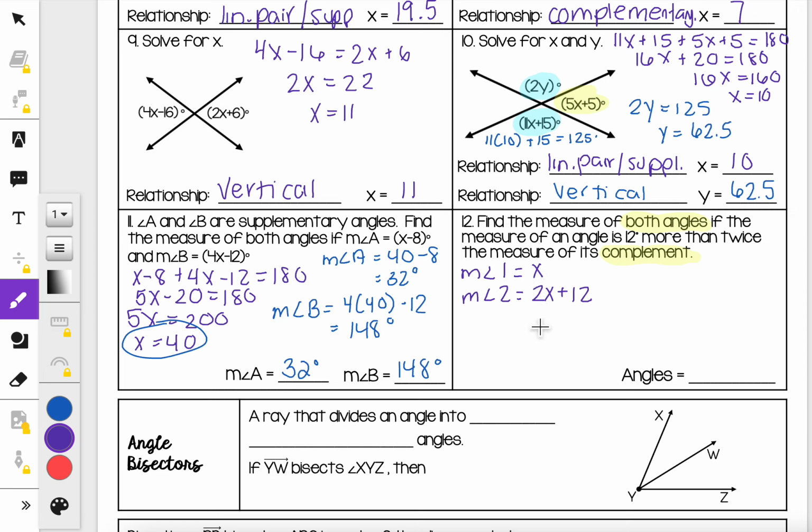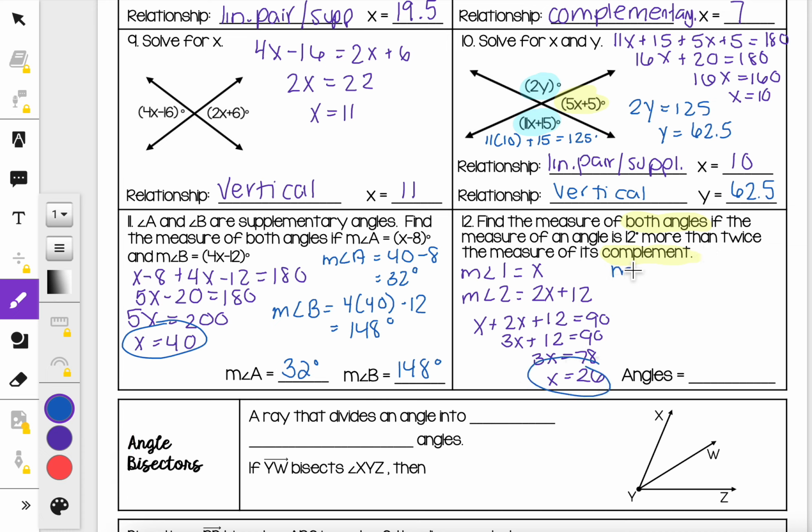So I'm going to set this x plus 2x plus 12 equal to 90 degrees. And when we solve, x equals 26. Now just like in our last problem, I'm going to take that 26 and substitute it in.